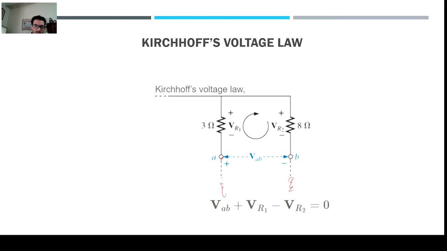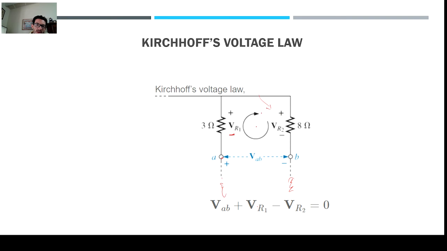We know that the voltage drop between those 2 points, voltage AB, plus, and remember the direction of the mesh or the system of equations, you choose the direction, but it's usually clockwise, correct? And then you generally have negative close to ground, positive close to your source, and the same here, negative and positive.